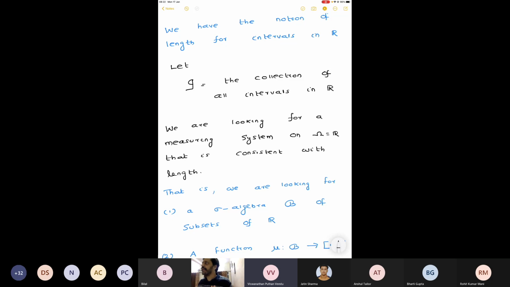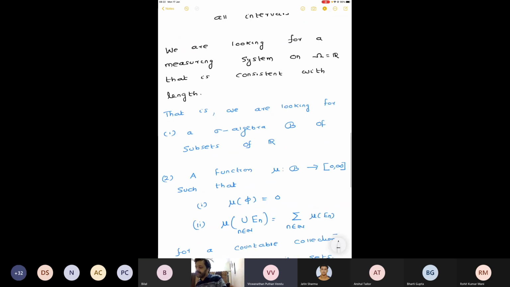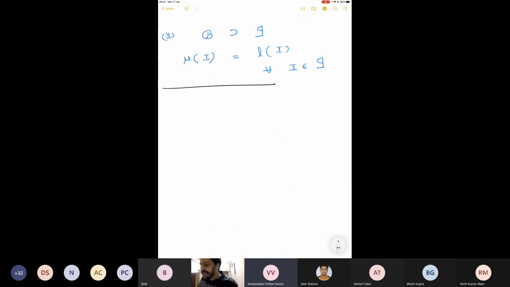You already know a concept of measure, namely the length. Now let us consider E a subset of R, and suppose E is equal to union of In, n belongs to N, the Ins are disjoint.